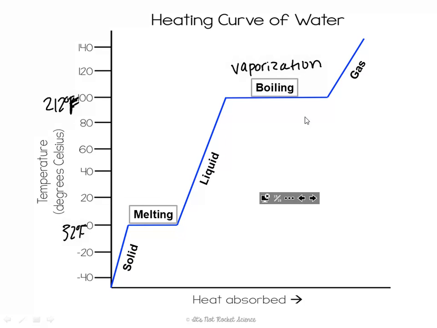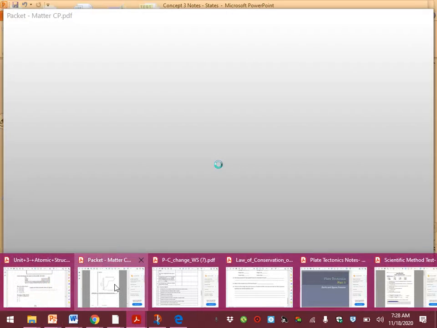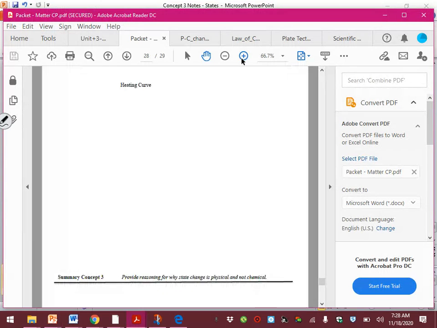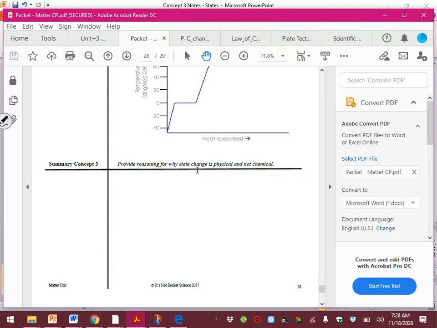What you're going to be working on is, I want you to do the summary for Concept 3 right here. So provide reasoning for why state change is physical and not chemical. All right, so I want you to tell me, why is the state change a physical change and not a chemical change?